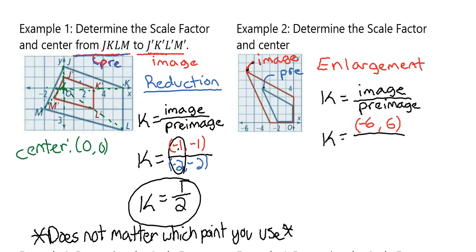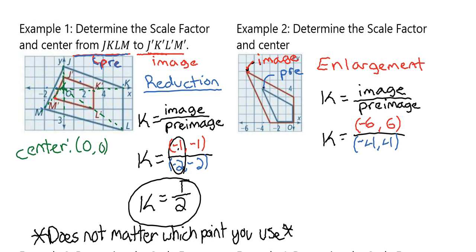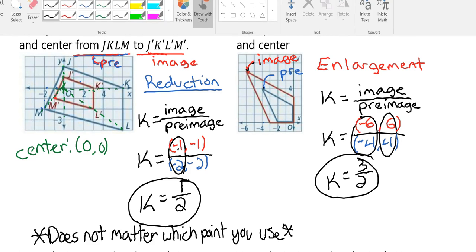My pre-image on the blue one, my point is -4, 4, just going over 4, up 4. So I can divide either my x or my y. I can look at both to check. -6 divided by -4 equals 3/2. 6 divided by 4 also equals 3/2. So that's fine.